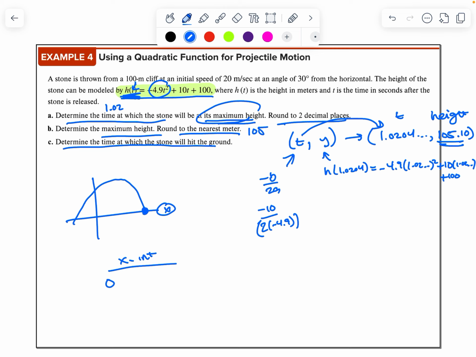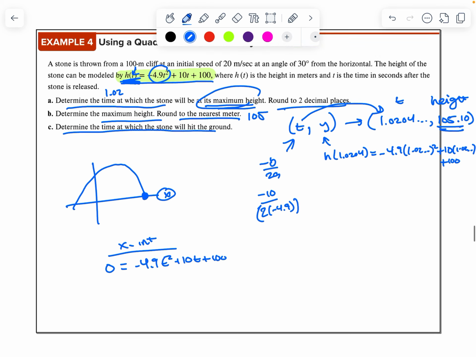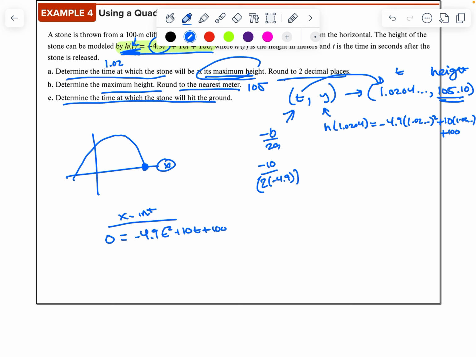We could do negative b over 2a to make sure that this is going to work out nicely, but this should give us 2 x-intercepts. To find them, we need to use the quadratic formula.